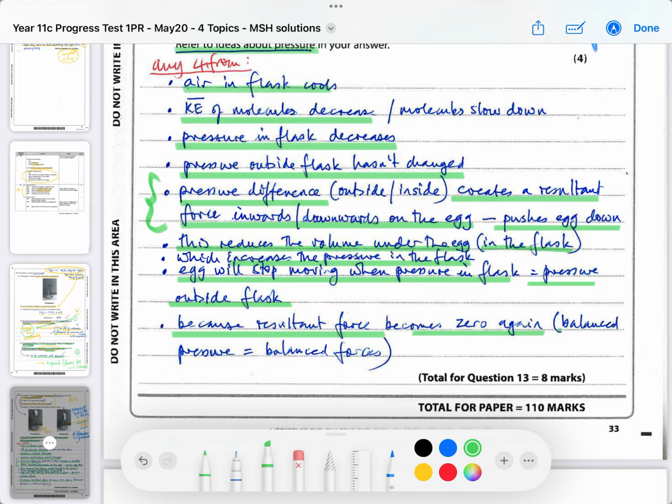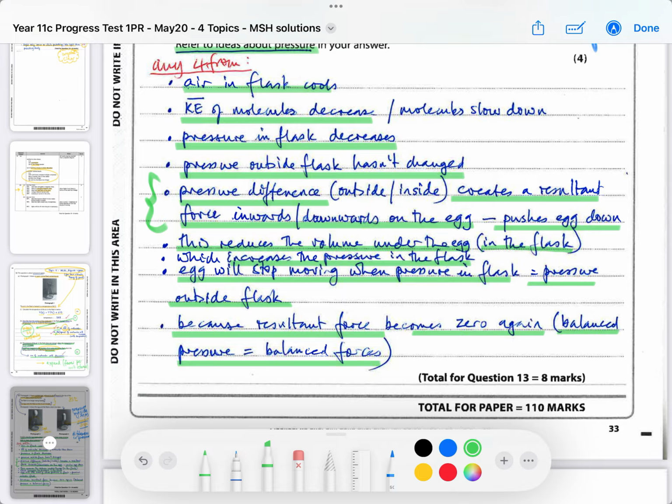You'll get to a point of balanced forces. So this is a really good question to make you think. And again, you see how you can get your clarity and your depth and detail.